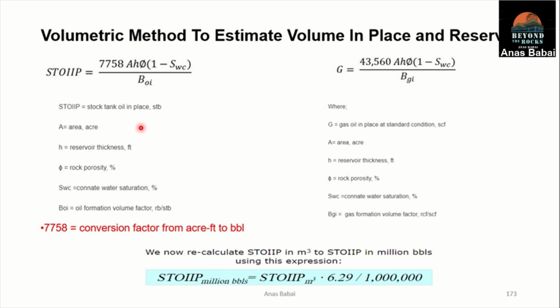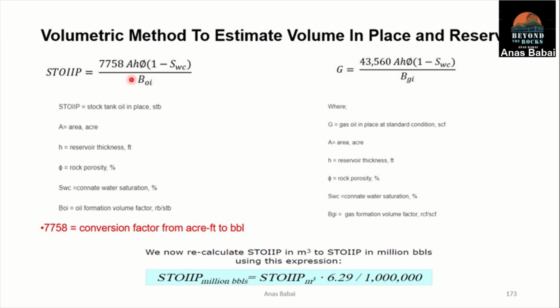And in the next slide you will see how we can calculate this value, because this value is actually what is controlling if we are measuring the stock tank oil initially in place, or we are measuring the oil in place.